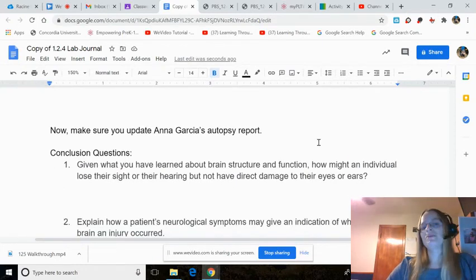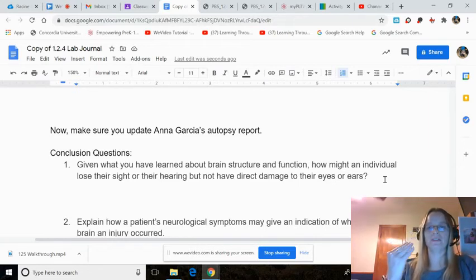All right. So, given what you have learned about the brain structure and function, how might an individual lose their sight or hearing but not have direct damage to their eyes or their ears?